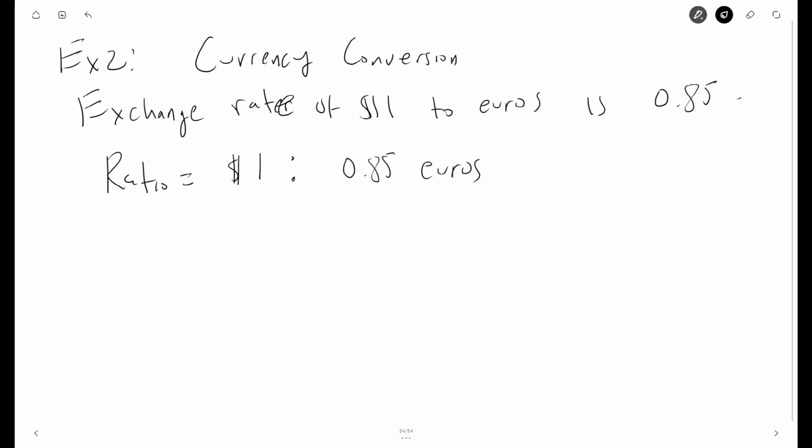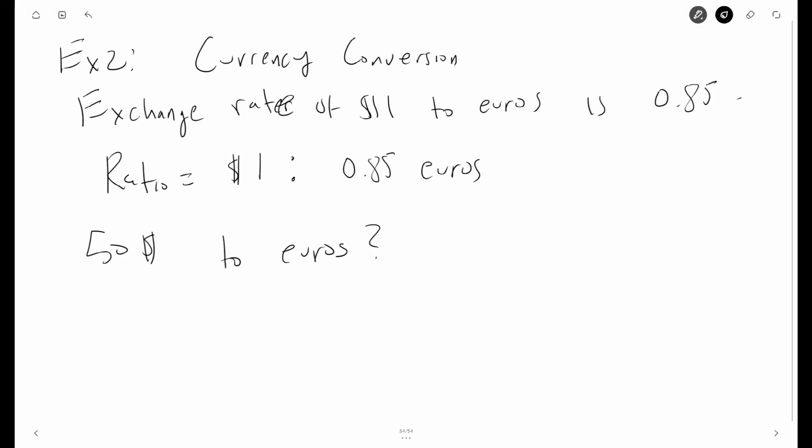And we want to know what you would get with $50. So $50 to euros. So then we need an equation. We can go as follows.